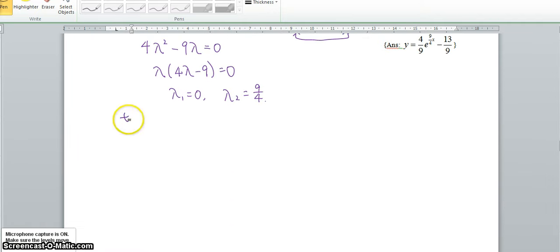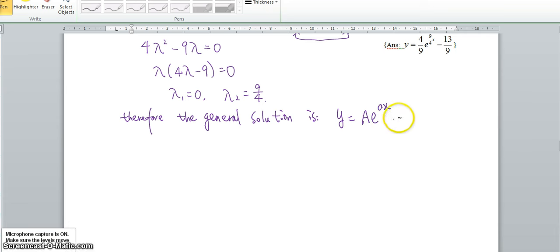So therefore, the general solution is y equal to a times e to the power of lambda 1 x, which is 0 times x, plus b e to the power of lambda 2 x, so 9 over 4 x.